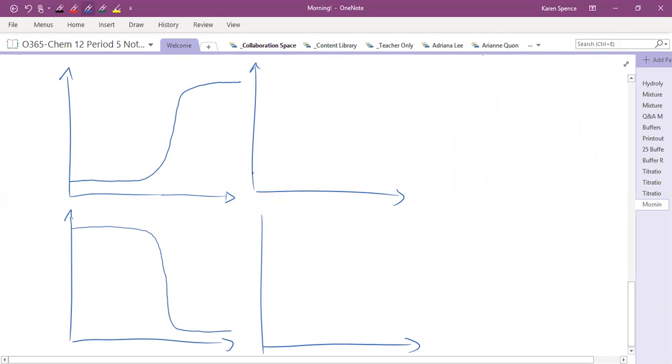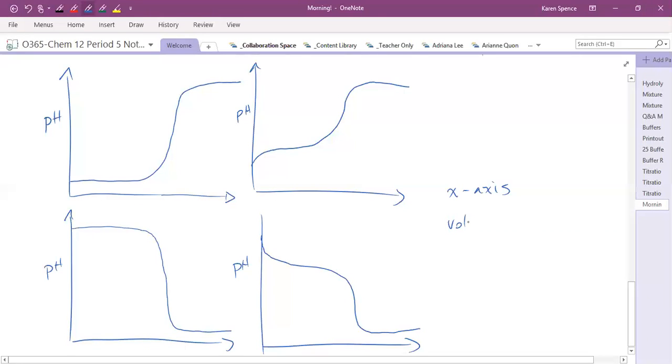We would have one that looks like this. And one that looks like this. All right, and in each case we have our pH, and along the x-axis is the volume of titrant added. And that's the stuff in the burette.